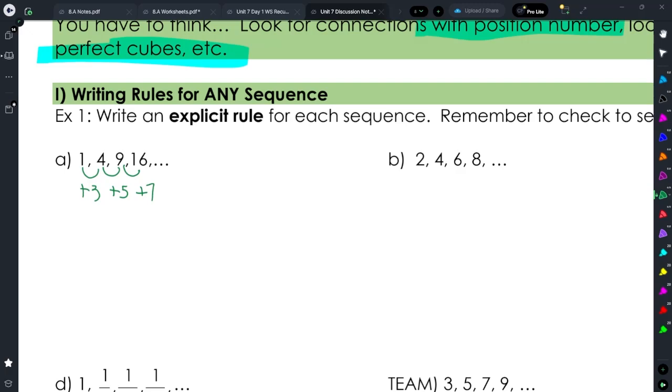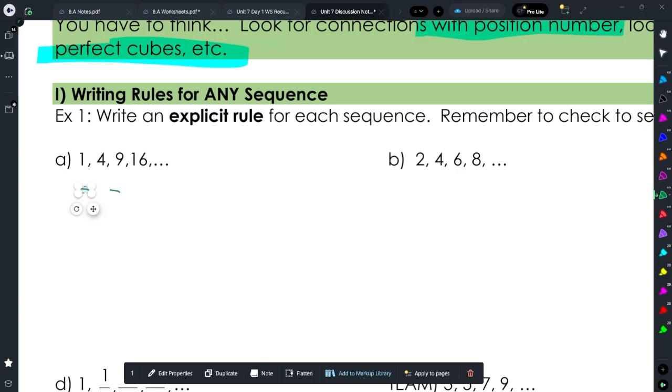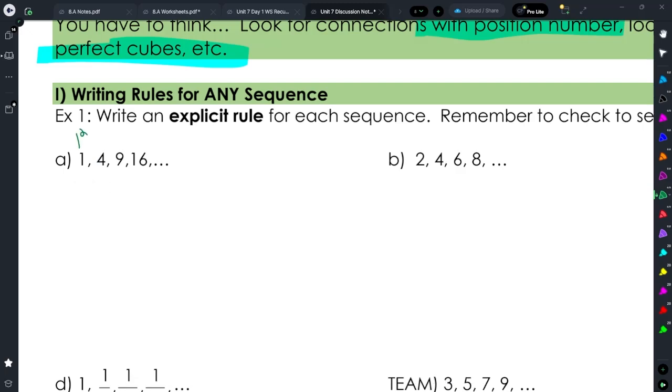Now when you have a pattern like this where you're adding 3, then adding 5, then adding 7, you're adding 2 to what you're adding. 3 plus 2 is 5, 5 plus 2 is 7. When that happens, that is a clue for it being a quadratic or a squared term. And if we look at these values, 1 squared is 1, 2 squared is 4, 3 squared is 9, and 4 squared is 16.